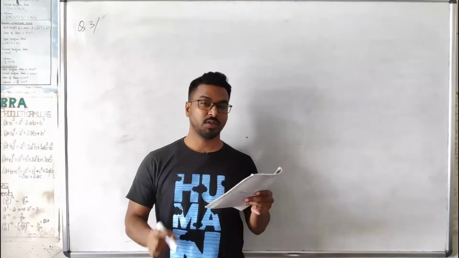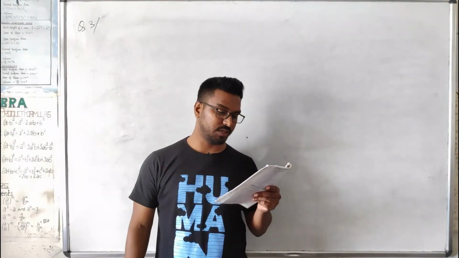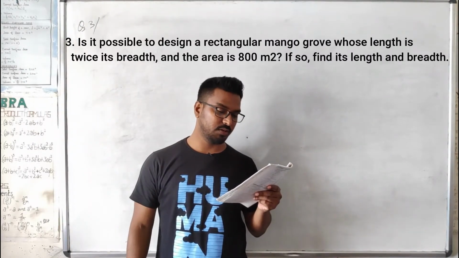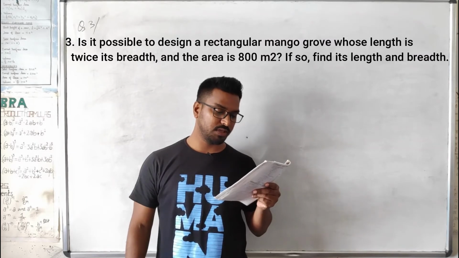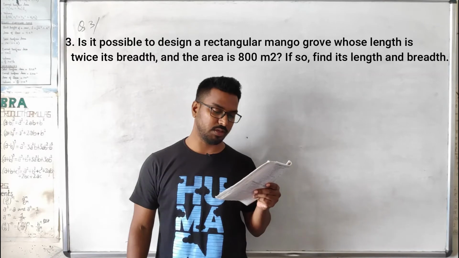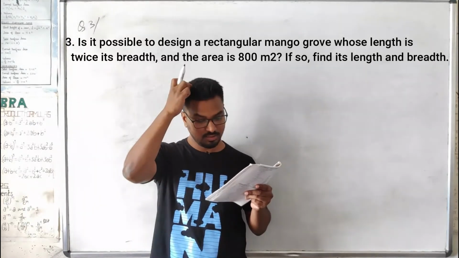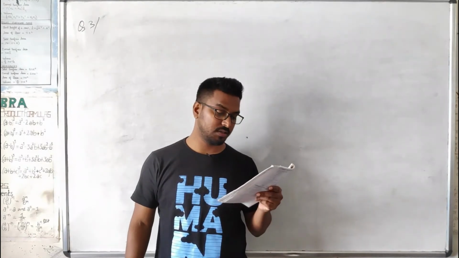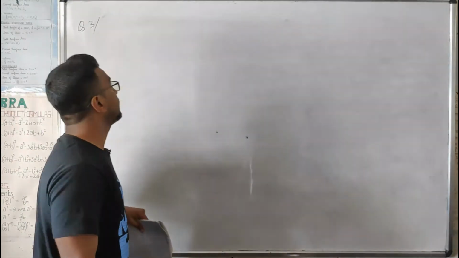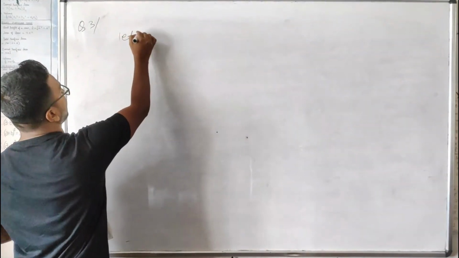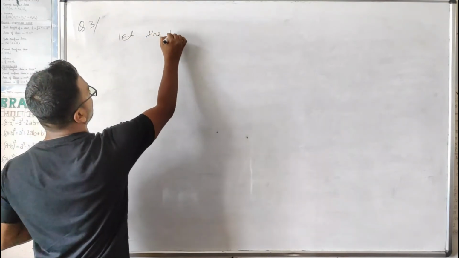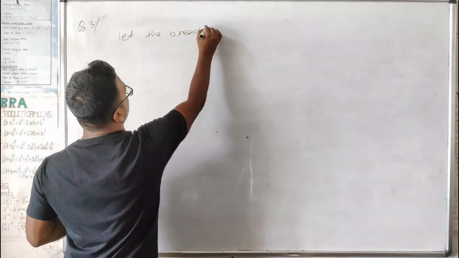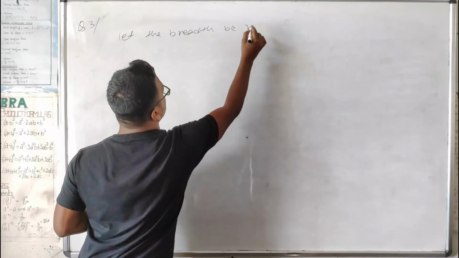Fine. Moving to the next question, question number 3. Is it possible to design a rectangular mango grove whose length is twice its breadth and the area is 800 meters square? If so, find its length and breadth. So we don't know what the length and breadth are. So let the breadth be x.